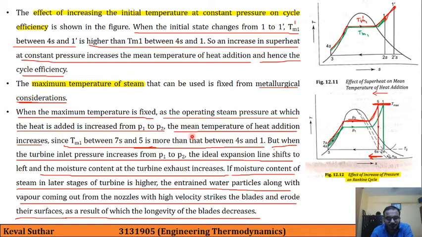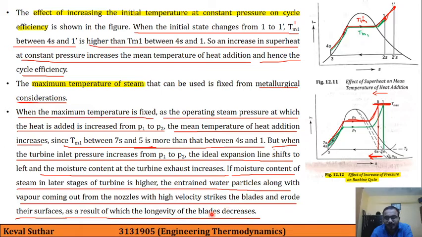Here the mean temperature of heat addition also increases, but if you see carefully, we have gone from the green curve to the red curve, and once we go there, the outlet of turbine is now more wet, that is, the liquid portion has increased from 2s to 6s. So that is one effect, that dryness fraction reduces at the exit of turbine.